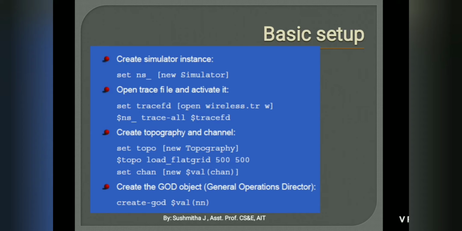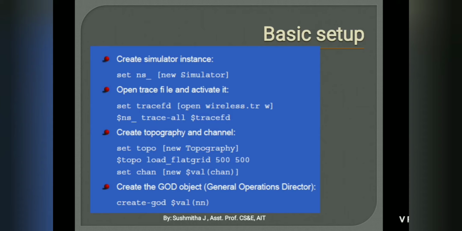A topography is an object that is set to define a topology. Here, the topology we are talking about is the coverage area. We are fixing that to be a grid of 500 by 500. So if the node goes out of this coverage area, then it would probably have lost the connection.